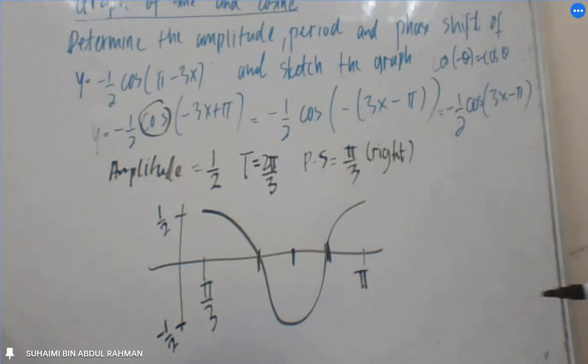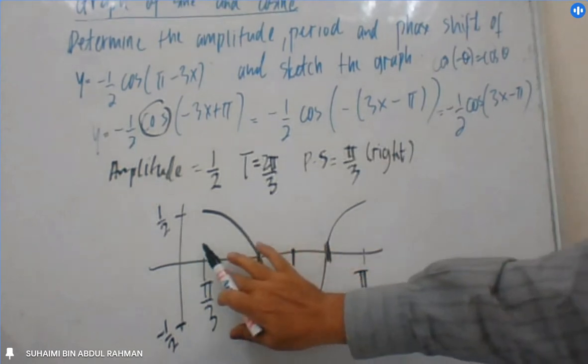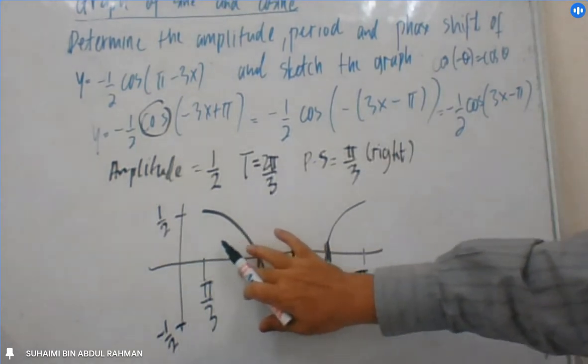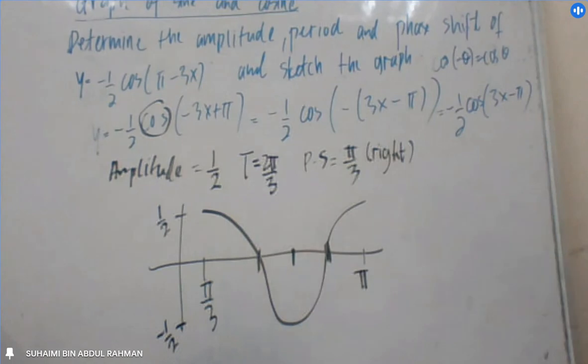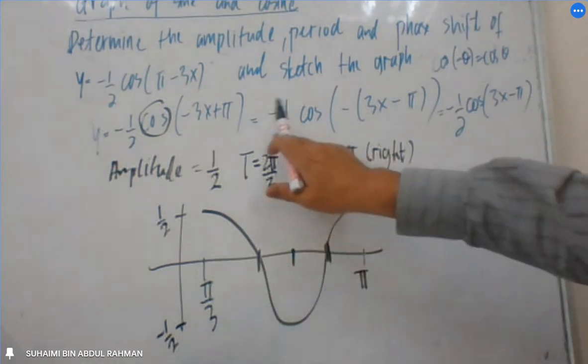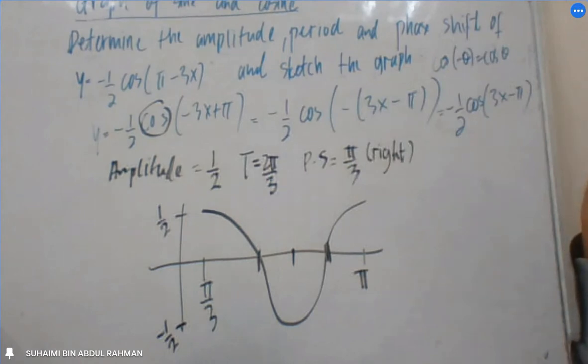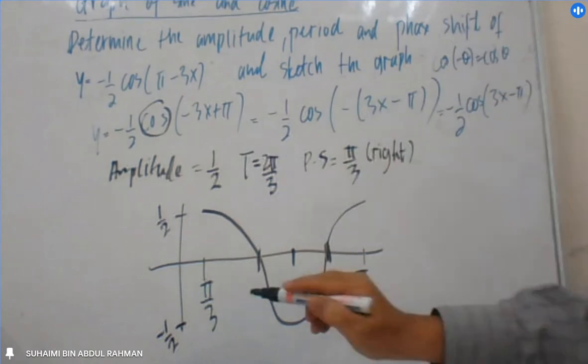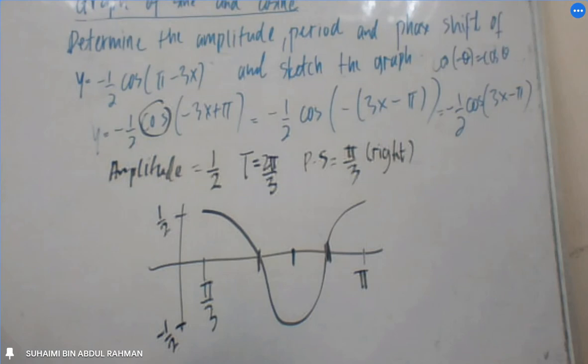The length of this interval is pi over 6, because we divide the period by 4. So what's supposed to be there?